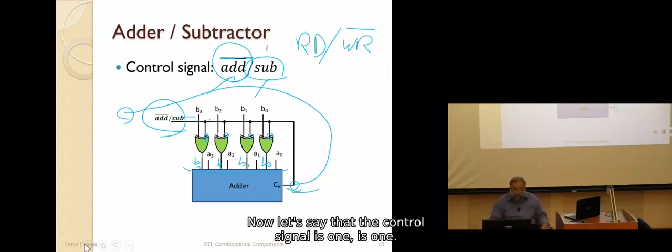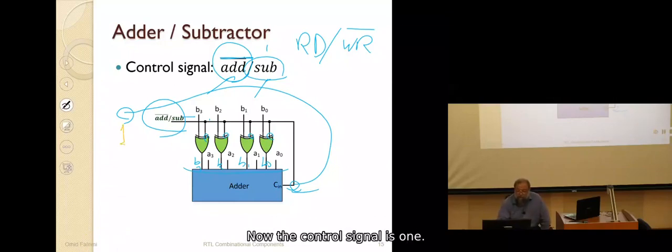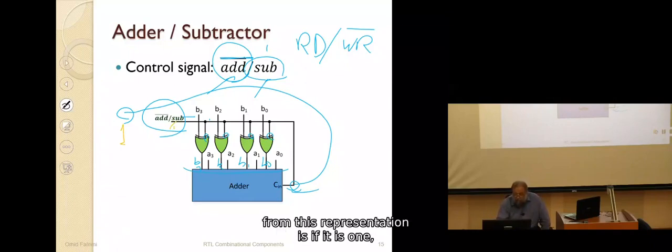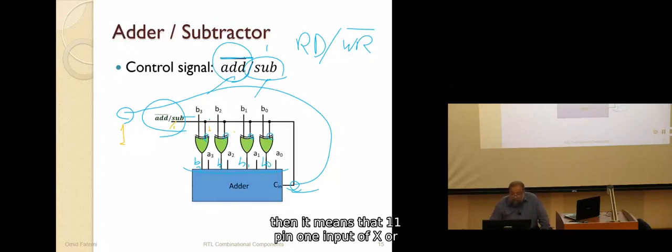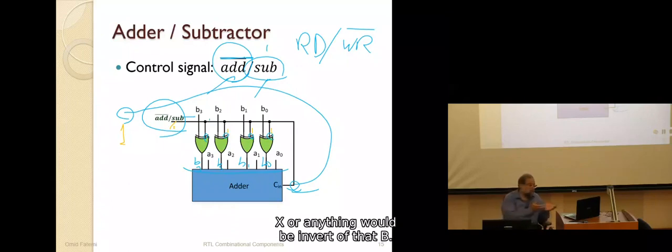Now let's say the control signal is 1. When it is 1, it means sub. So one input of each XOR is 1. And you know, 1 XOR anything would be the invert of that.